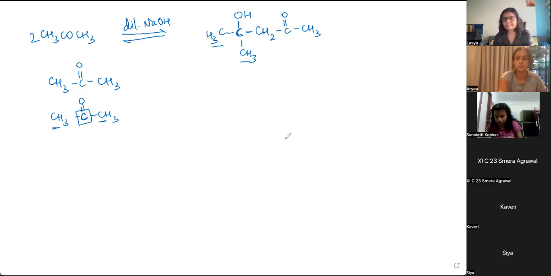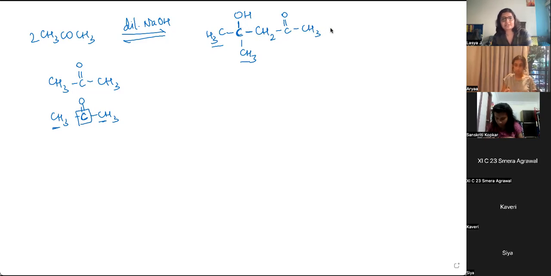Yeah. But what if it was an unsymmetric ketone? If it is unsymmetric, the reactive center is still the alpha hydrogen only. Okay. But on which side?